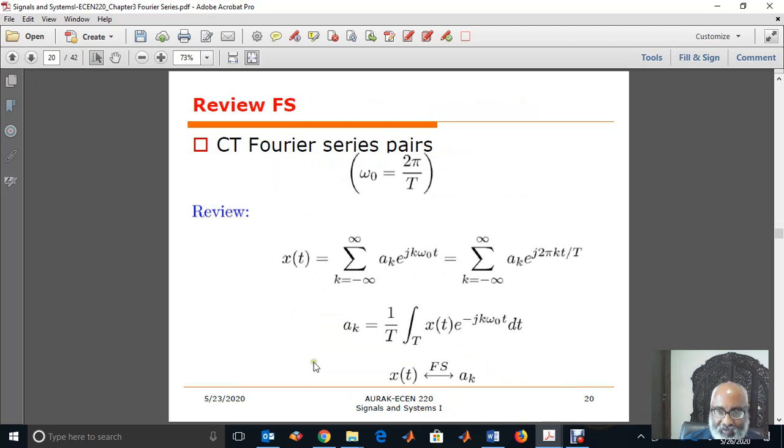So this is again x of t. To summarize, the Fourier series representation is the a_k. By the way, why do we have these two arrows?